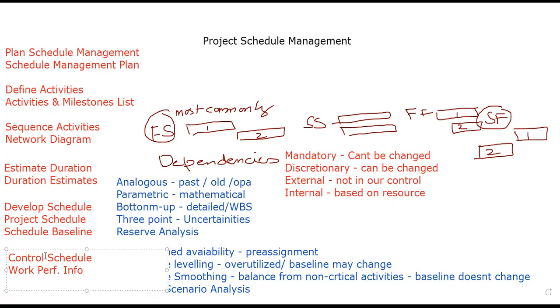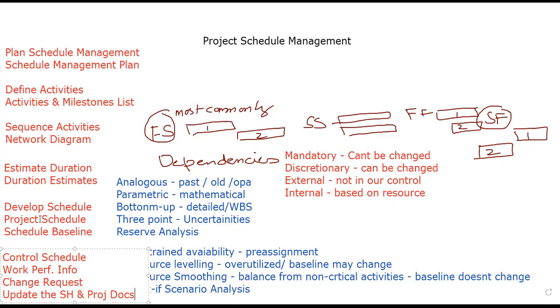Based on that, if required, you will produce change requests and update the stakeholders and project documents also. And you will start working on the new versions of the documents or the baselines. So plan schedule management, define activities, sequence activities, estimate durations, develop schedule, control schedule. These are the processes, and that's how we do things.